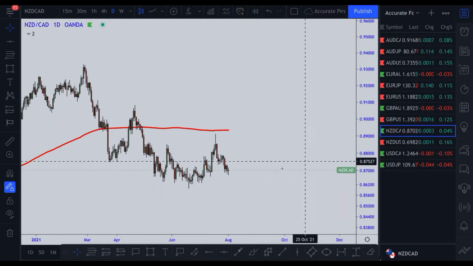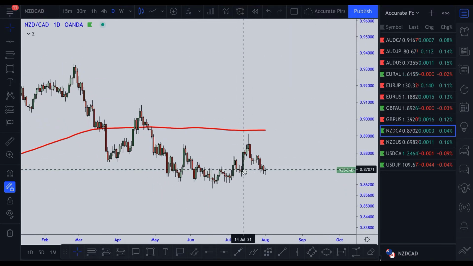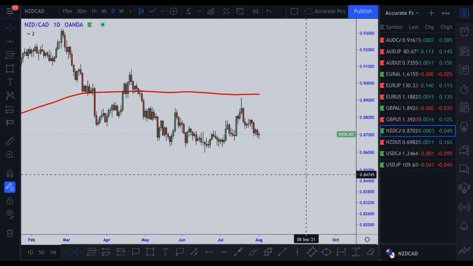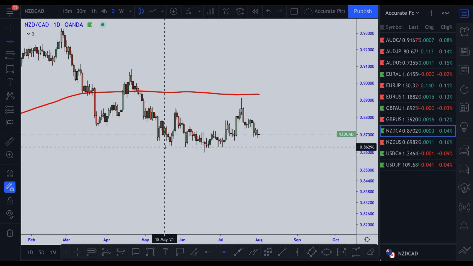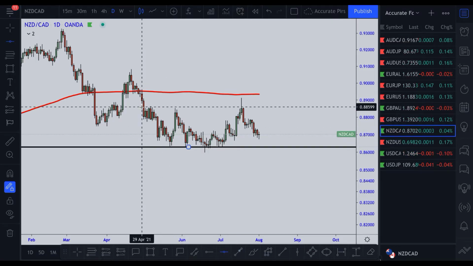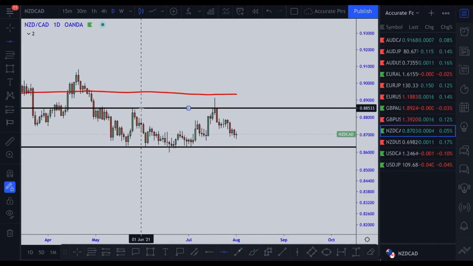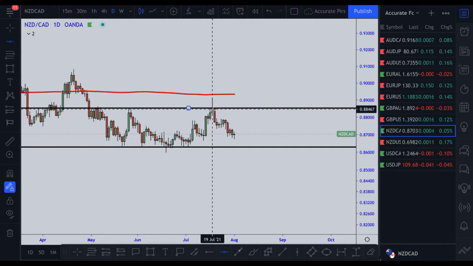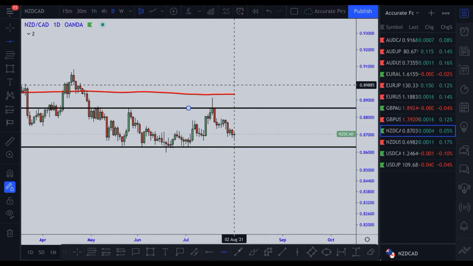NZDCAD. As you can see, that support level is pretty much easy to highlight. And this resistance level, as you can see, price tried to push through, failed to break or even close above it on the daily time frame.